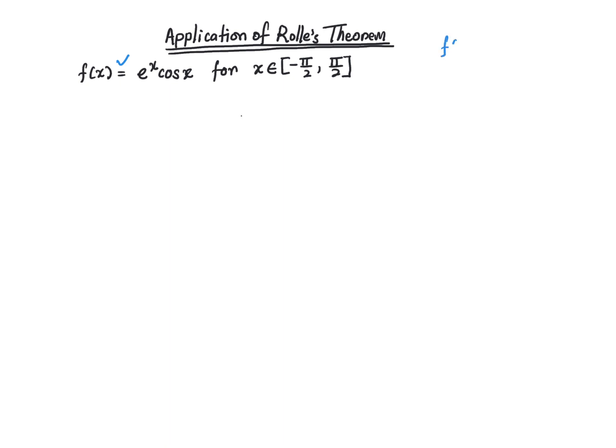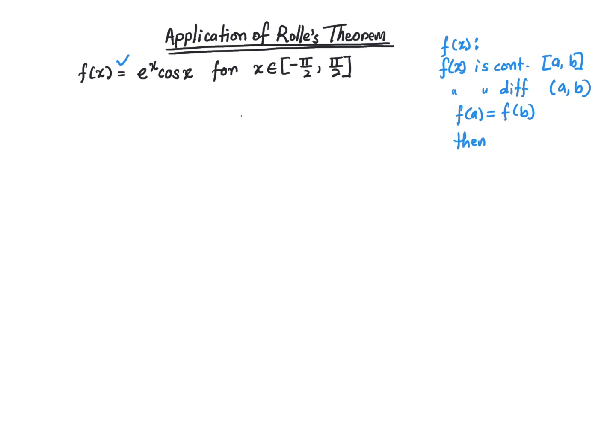If you have a function f of x, it has the following properties. f of x is continuous on a closed interval AB. f of x is differentiable on the open interval AB, and f of A is equal to f of B, meaning that the function is equal at the boundary points.